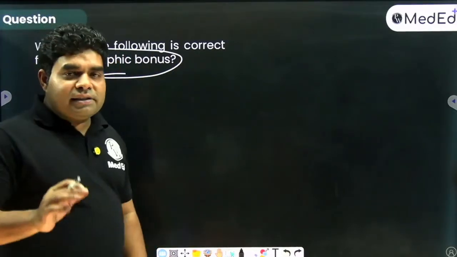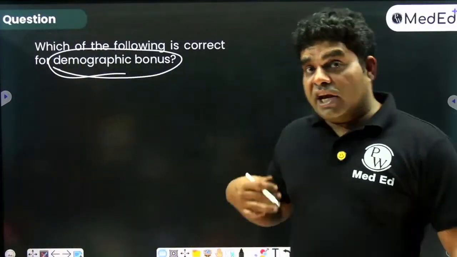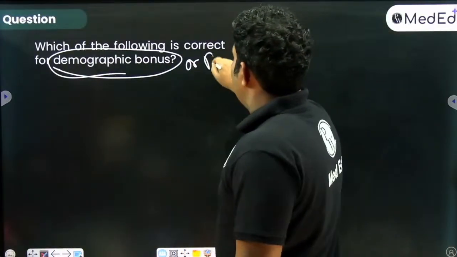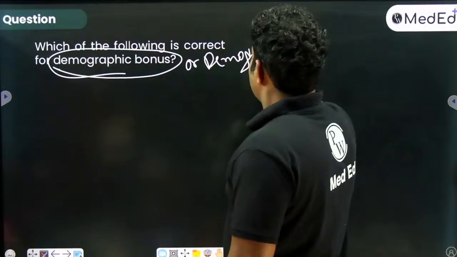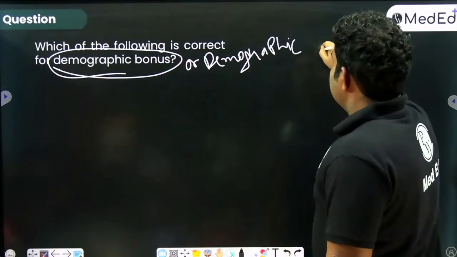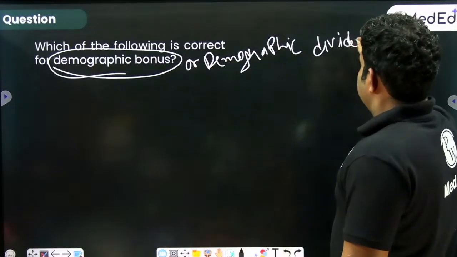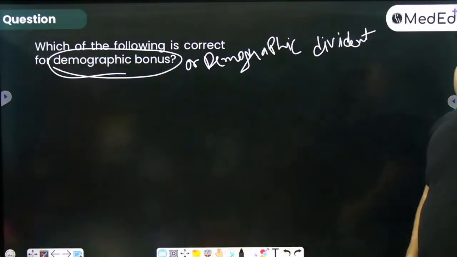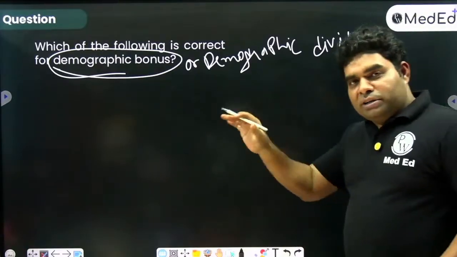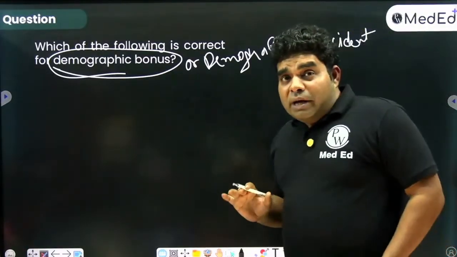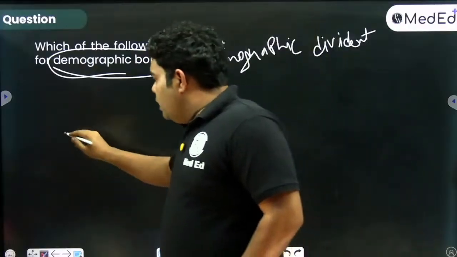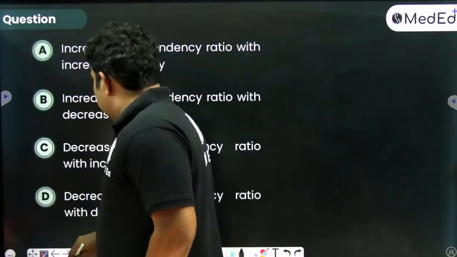Sometimes they change the question and ask about demographic dividend. So is bonus good news or bad news? Of course, I hope you all know bonus is good news. Bonus or dividend, same thing. Now tell me which option is correct.